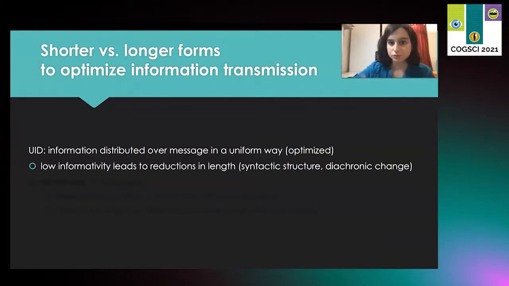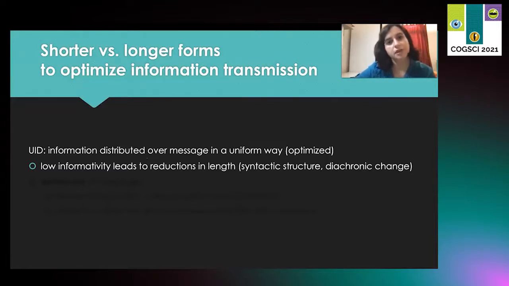In this study, to conclude, we have shown some additional evidence that information is distributed over a message in a uniform way, and that low informativity leads to reductions in length. This was shown in other studies in terms of syntactic structure reduction and also in diachronic change.